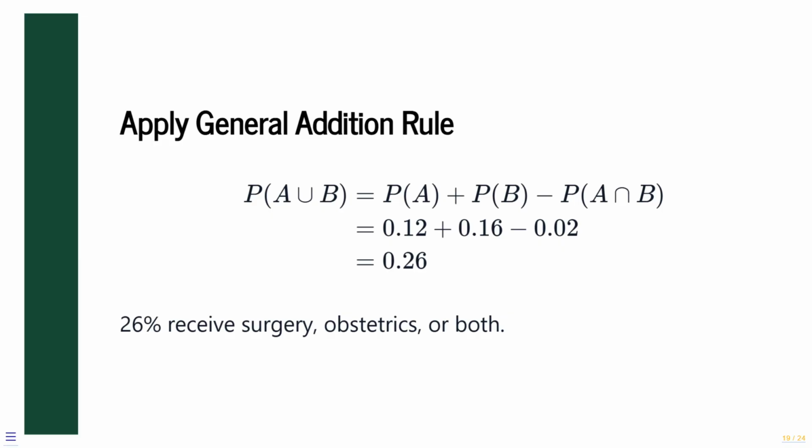Applying the formula, we compute 0.12 plus 0.16 minus 0.02, which equals 0.26. So 26% of patients receive surgery, obstetrics, or both. Again, subtracting the overlap prevents double counting the 2% who receive both treatments. This example reinforces the importance of identifying whether events overlap before applying a probability rule.